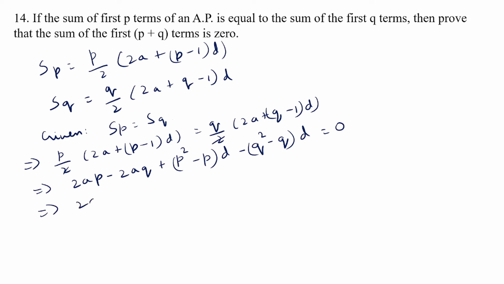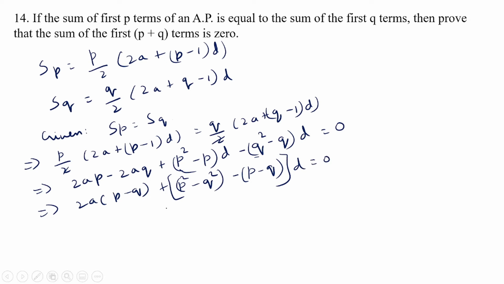Or we have 2a into (p minus q) plus, if we take these two, we have (p square minus q square), then minus (p minus q) into d.